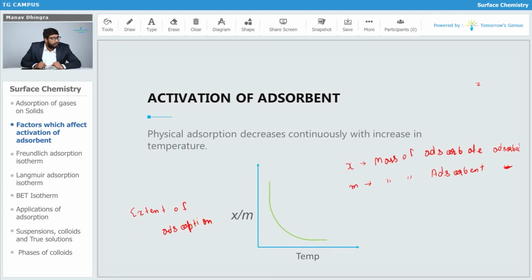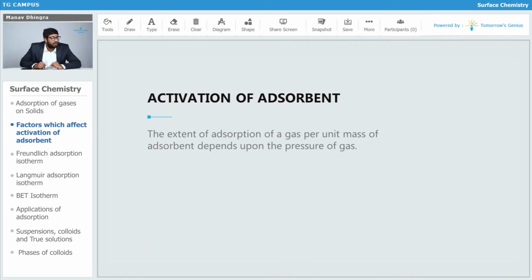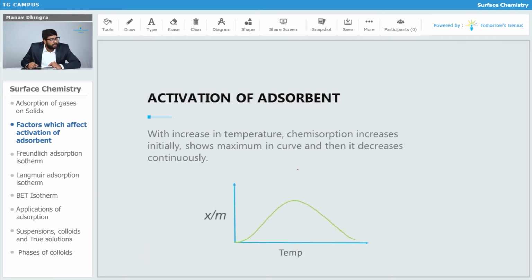Now let us see what happens in the case of chemisorption. With increase in temperature, chemisorption first increases initially, and further increase in temperature can cause desorption due to the breaking of the bonds. So how will this graph look? It will be a bell-shaped curve. It reaches a particular temperature where the extent of adsorption is the highest.